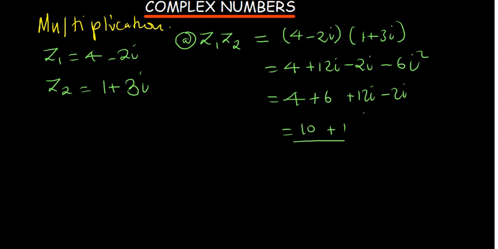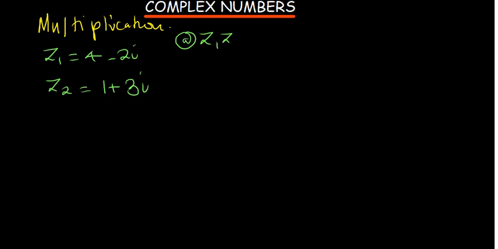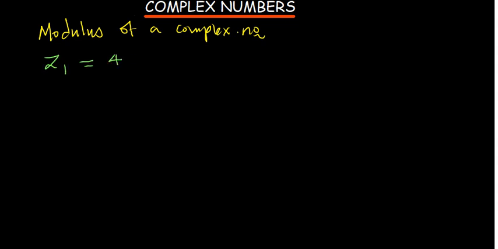Just like when you've got a coordinate, you can find the length of a straight line, you can also find the absolute value of the length of a complex number. That is also called the modulus of a complex number. Imagine you've got a complex number z1 which is equal to 4 minus 3i. You want to find its modulus. We're going to get z1 and put it in these bars.